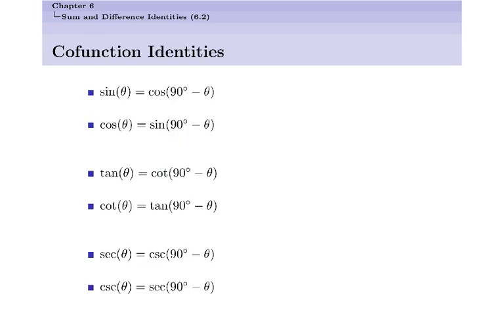We're going to start with the cofunction identities, and the reason this works is because if I have an angle here, well, it's a triangle, so all the angles have to add up to 180. This is 90, so that means this angle and this angle must add up to 90. So if this angle is theta, this must be 90 minus theta, or pi over 2 minus theta.